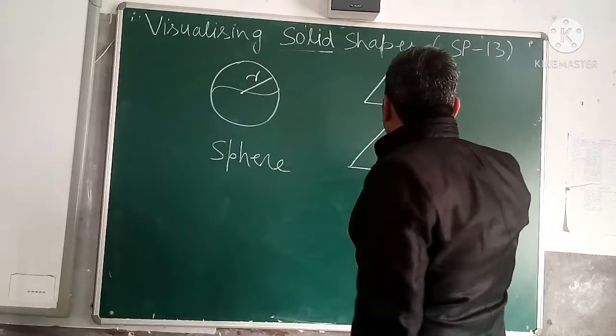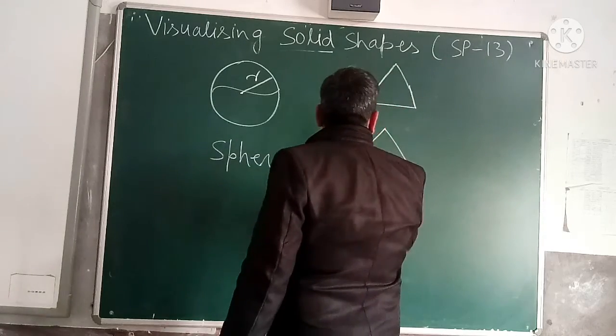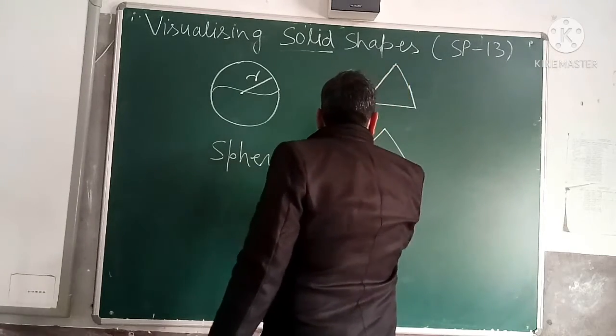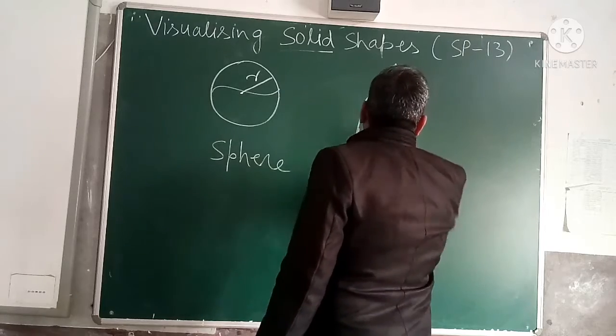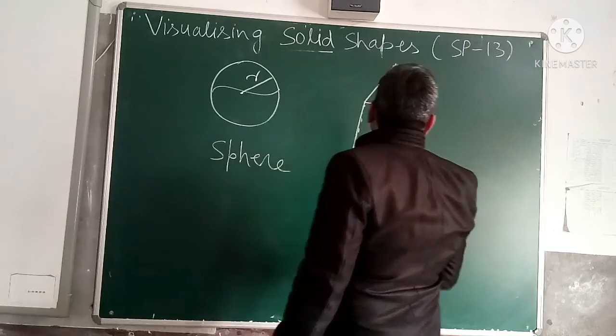Okay. So if you join this one, this one, and this one, this is called the prism.